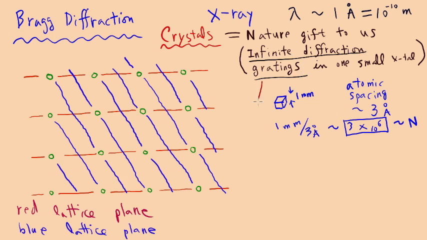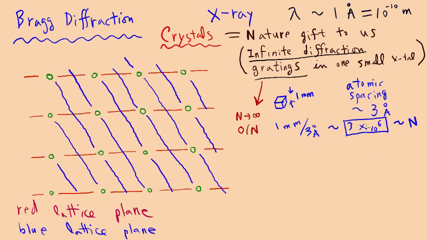So infinite diffraction grating means when n goes to infinity. And it turns out this is also on the order of n. It's actually not n. N here is also only in the one direction, right? So the atomic layers are how many atoms that you have?